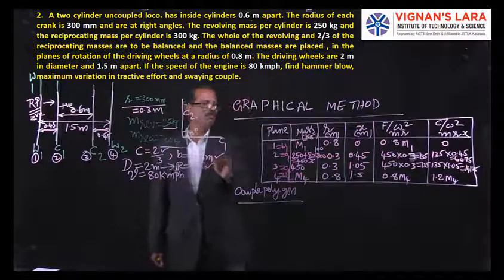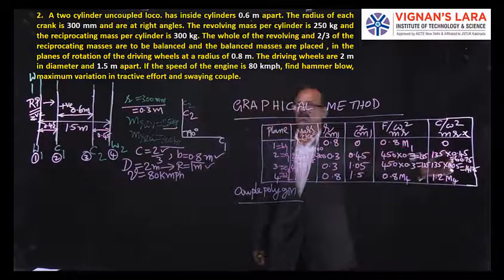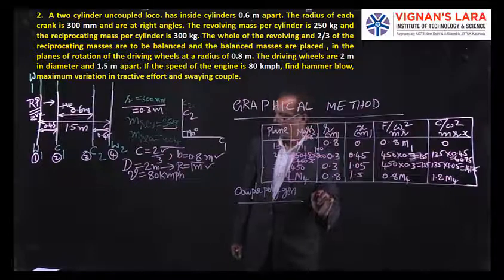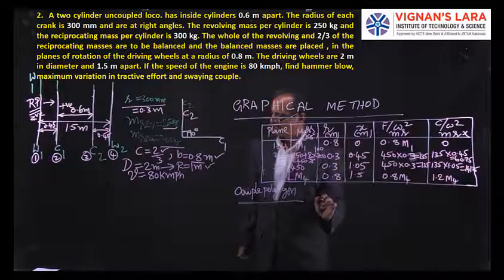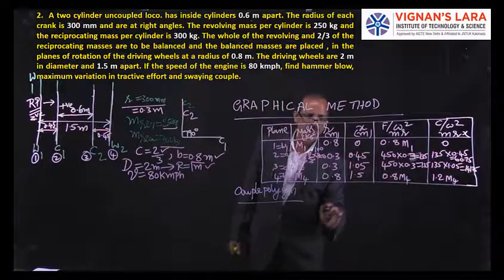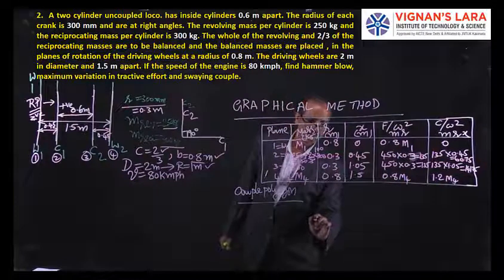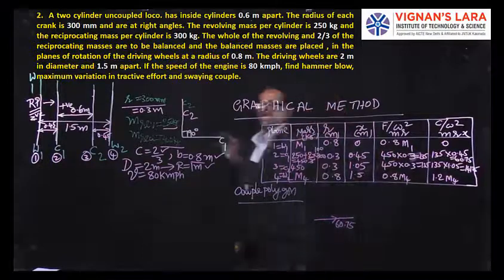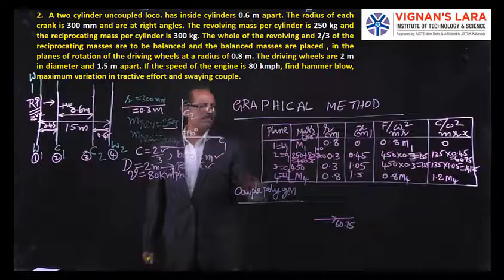So C1 horizontal 60.75, take some scale and draw the 60.75. This is the direction like this.